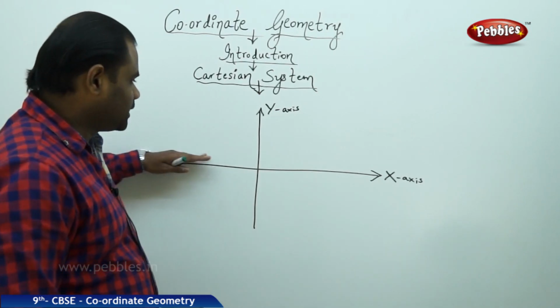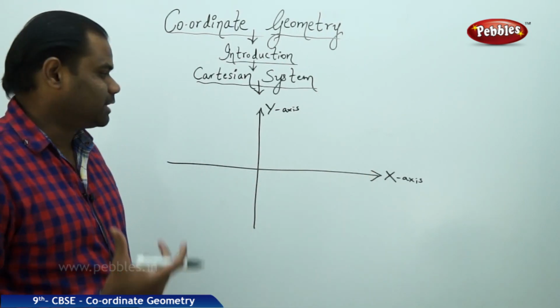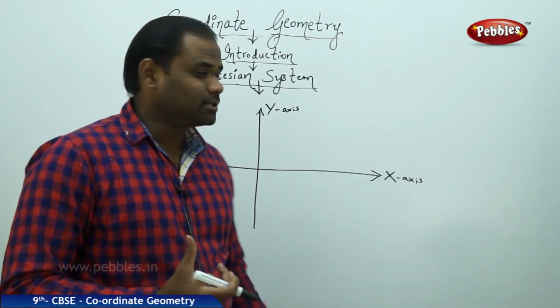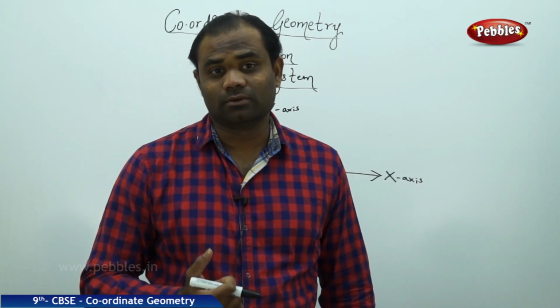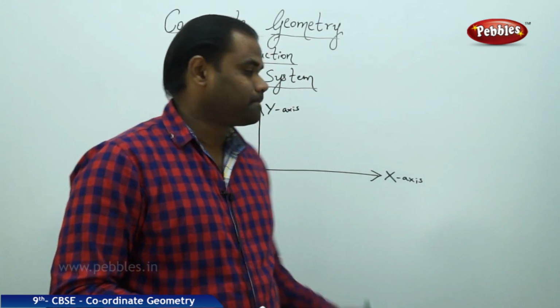The horizontal line in the Cartesian system is referred to as the x-axis, and the vertical line in the coordinate system is referred to as the y-axis. It's a rule of the coordinate system.